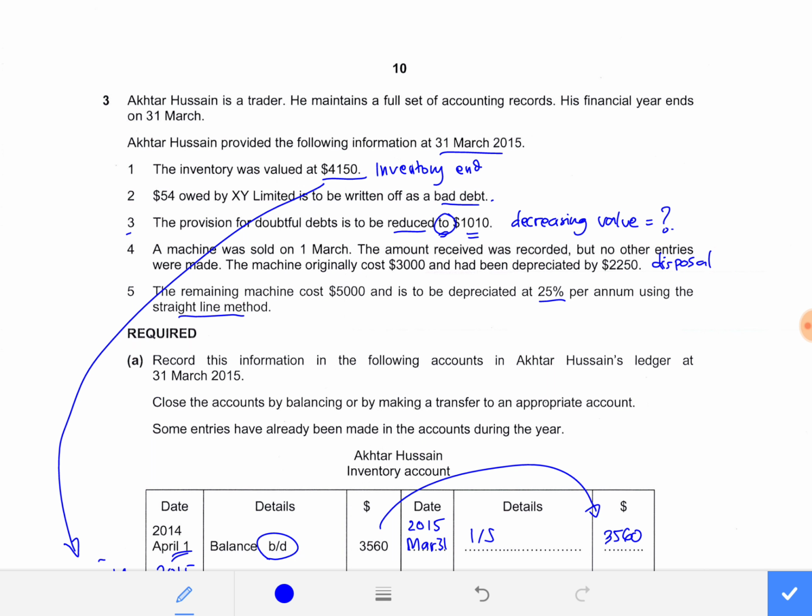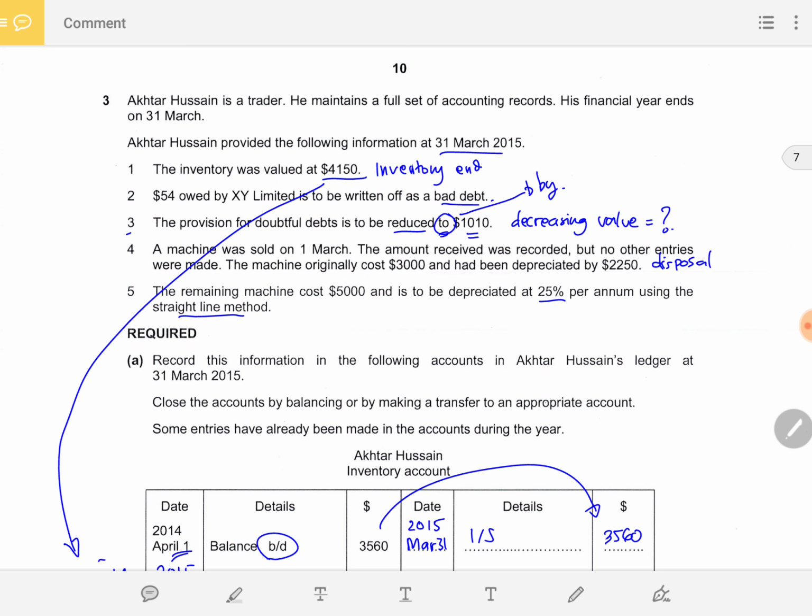If it is using by, that means the amount given in the question is the amount of increasing or decreasing value in the provision for doubtful debts. But if it says to, that means you have to find the decreasing amount because this is the end balance.